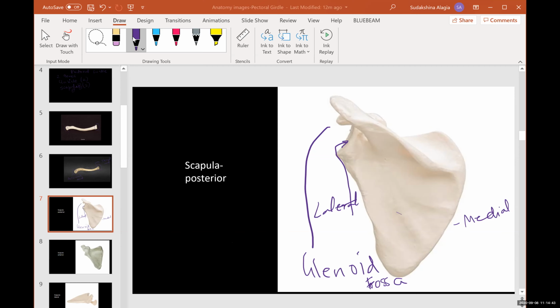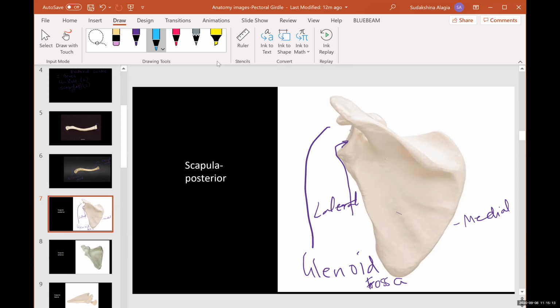Okay, so from that perspective, let's start naming the other structures here. You got this medial and the lateral, how we identified. You want to do that. Even when we are studying bone in the lab, the scapula is a difficult bone because it doesn't have a well pronounced symmetric shape. It's very asymmetric. And the long bone.